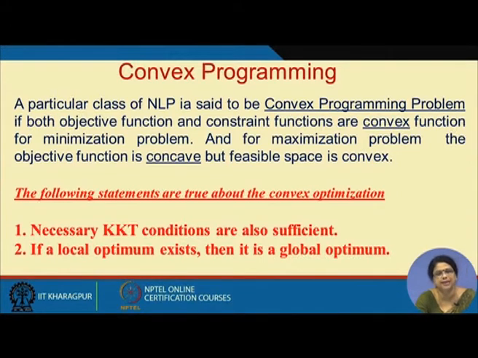We have to take the second order derivative of the Lagrange function to check the optimality conditions as sufficient conditions. That is why the KKT points we get through the KKT conditions are the global optimal solution for the convex optimization problem.